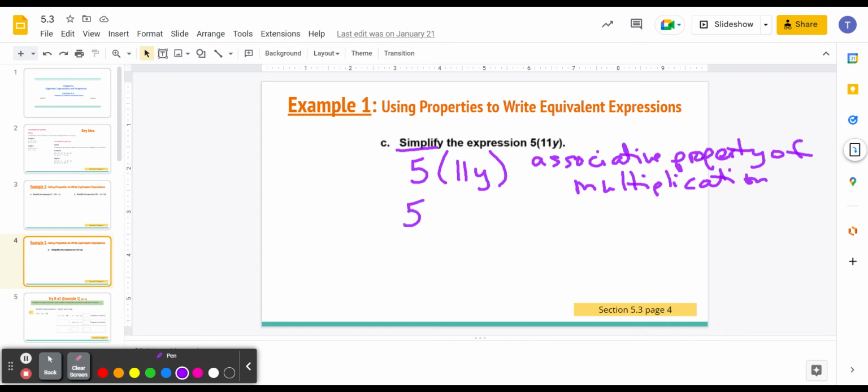So it's still going to be 5 times 11 times y. You don't need to have a raised dot in between 11 and y. You can have them next to each other. But all you have to do now is move the parentheses around 5 times 11. Now we know 5 times 11 is 55. Then bring down the y. So your answer is 55y.